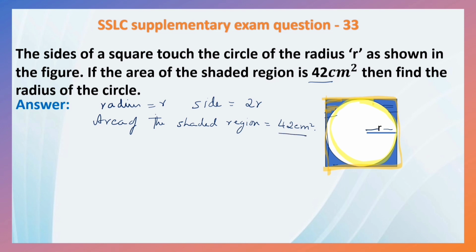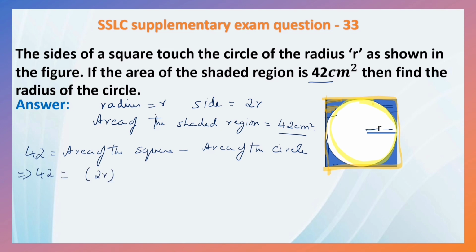So 42 is equal to the area of the square minus the area of the circle. The area of the square is (2R) square, because the area of the square is side square. The area of the circle is pi R square.